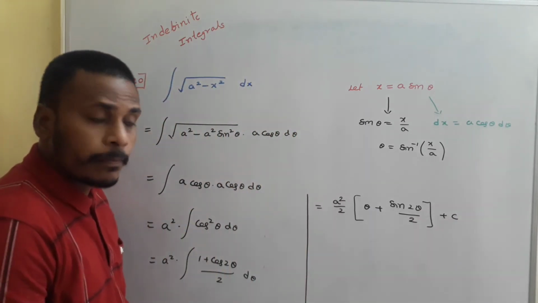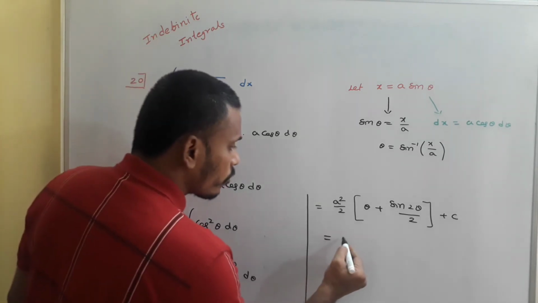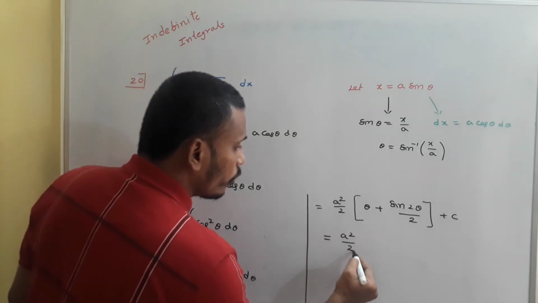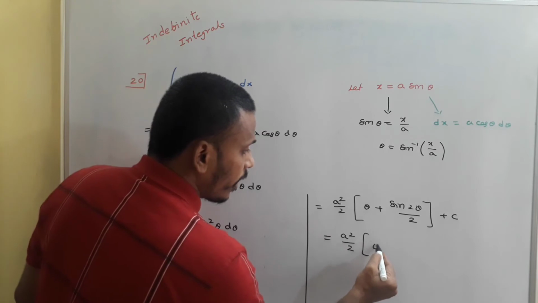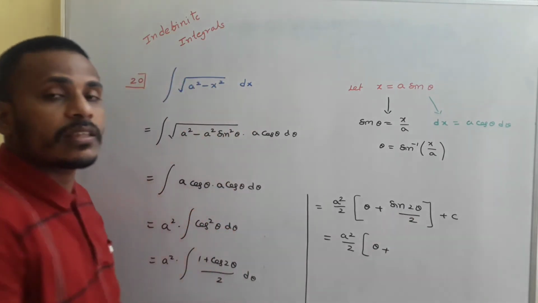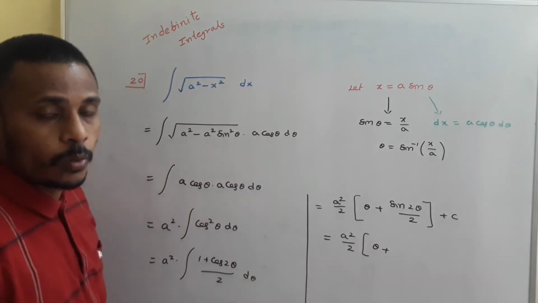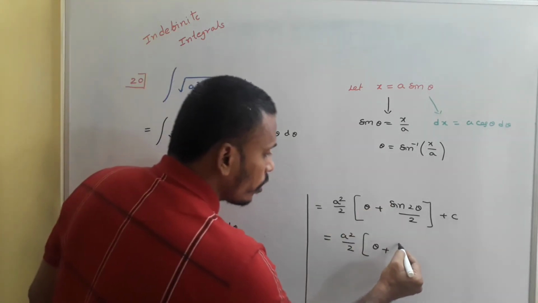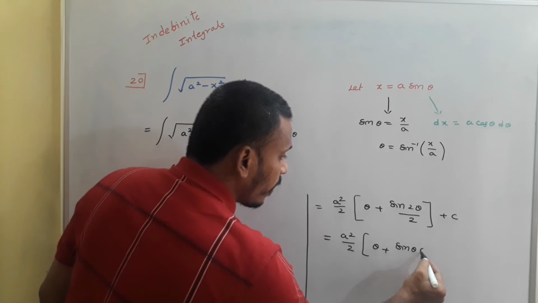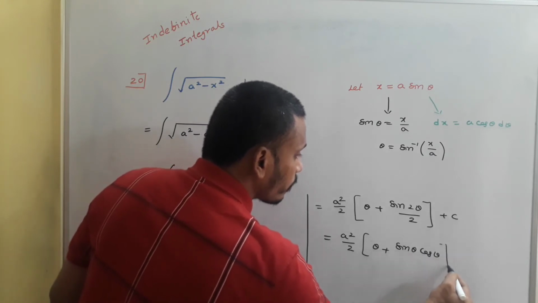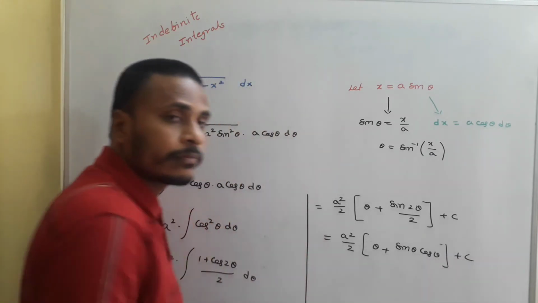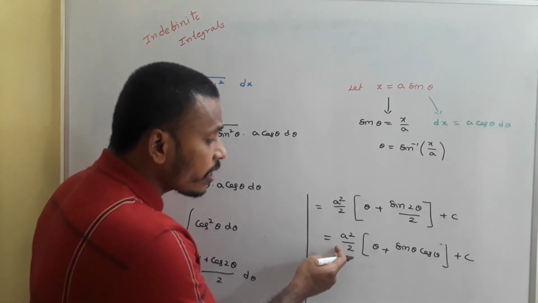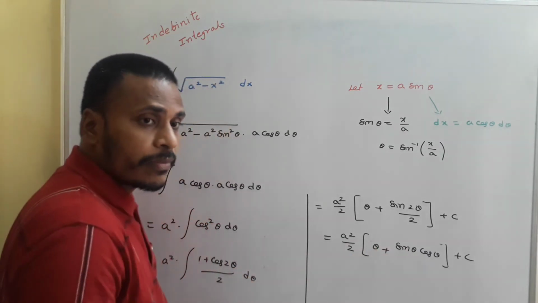Is it right? And now, this is equal to a square by 2 into theta plus sin 2 theta, which is nothing but 2 sin theta cos theta. 2 sin theta cos theta divided by 2 is simply sin theta into cos theta, plus c.